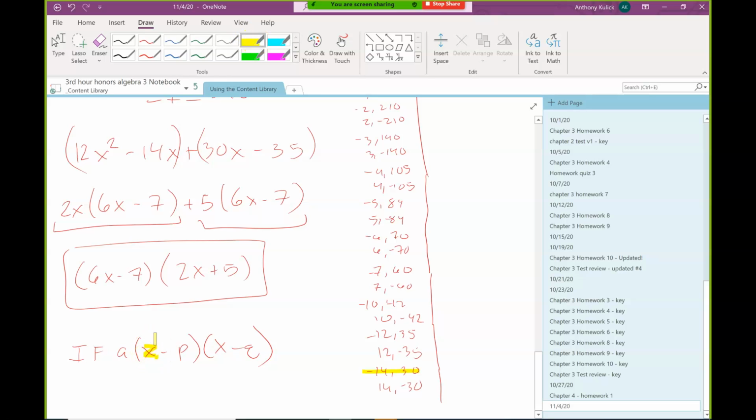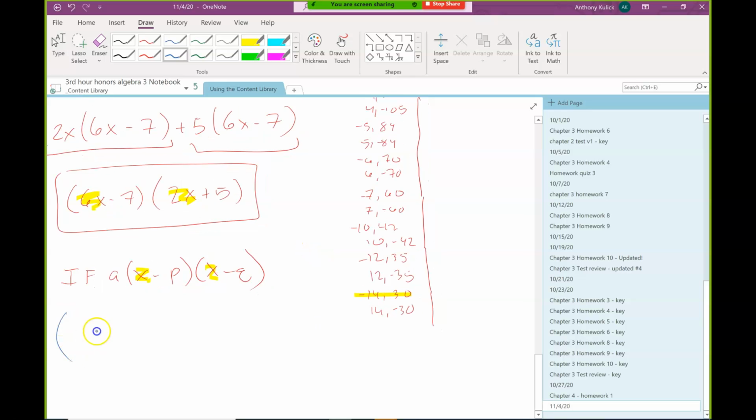So is there a way for me to put this into intercept form? Well, I'll just factor a 6 out, and I'll factor a 2 out. So it really becomes 12 times the two factors. So that's really what our intercept form would be. Right? Is everybody okay with that?